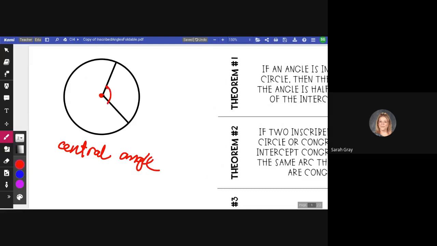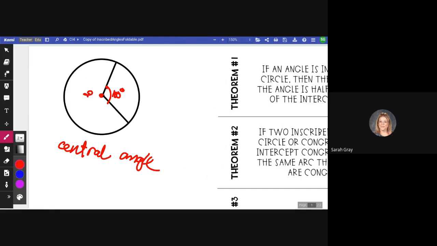If the measure of this central angle is 100 degrees, what else do we know? Alyssa.